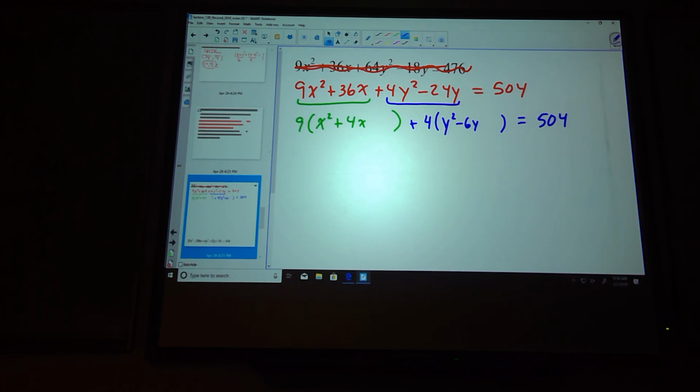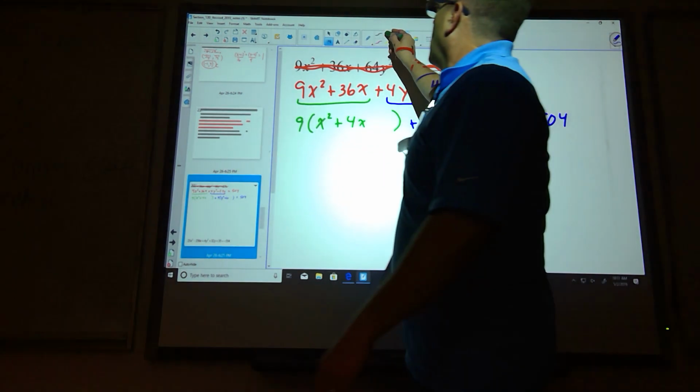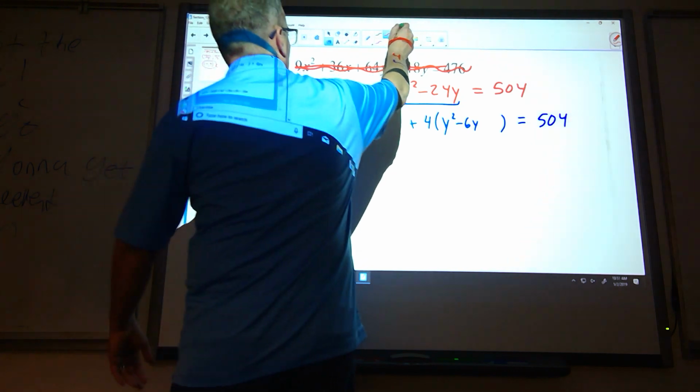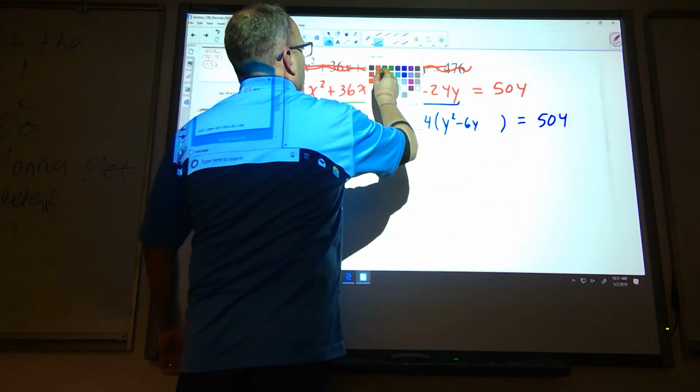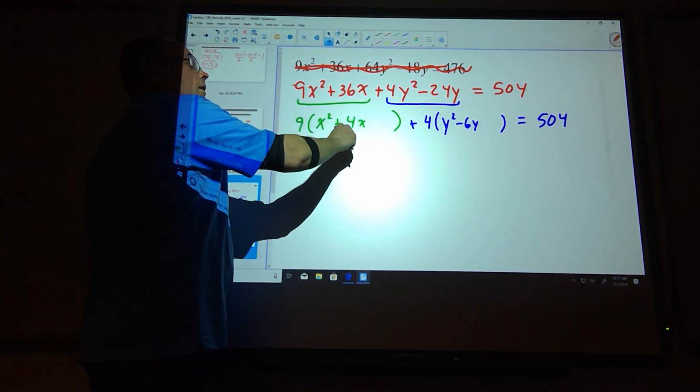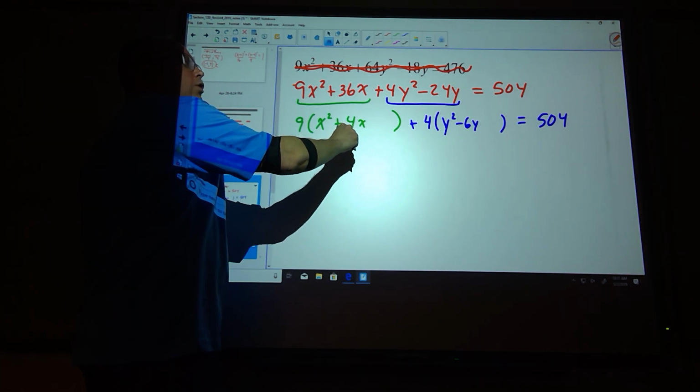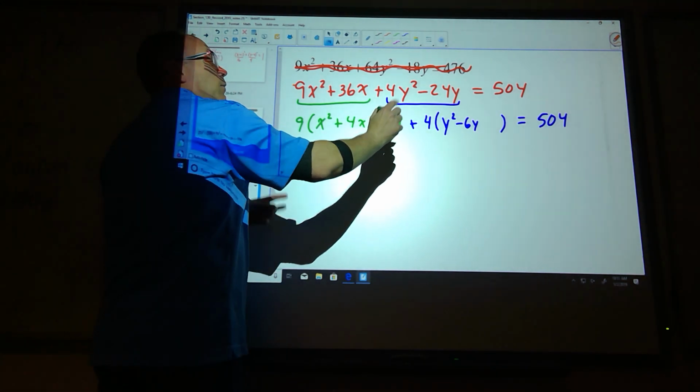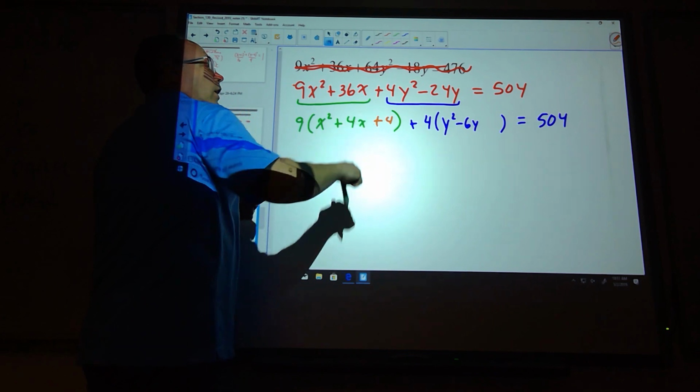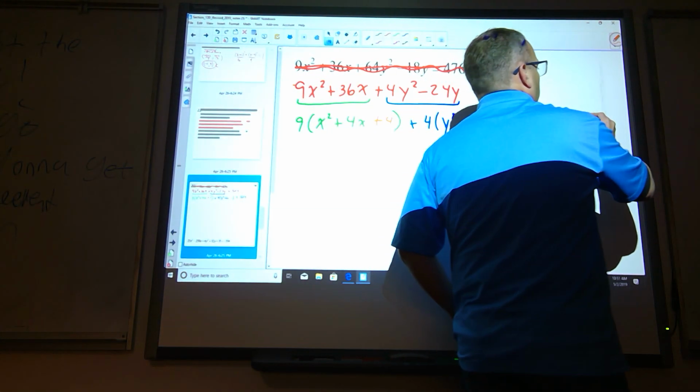Are we okay so far? Now, something that will nail you on completing the squares if you don't remember how to do this. Ready? It's this simple. Half of 4 is 2. 2 squared is 4. Okay, ready? 9 times 4 is 36. I have to make sure I have 36 over here.